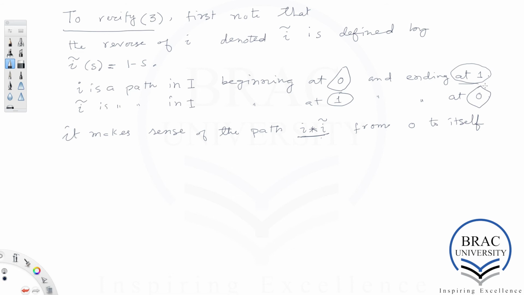Okay, which is, and from 0 to itself, a path from 0 to itself is the constant path, e0 in I.